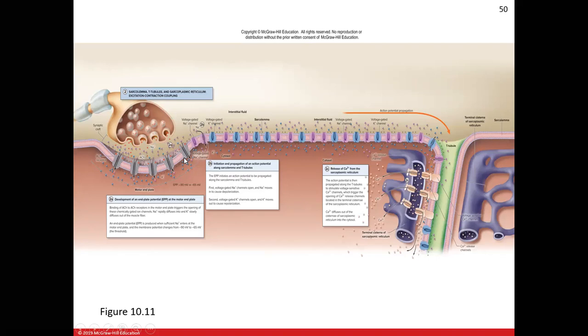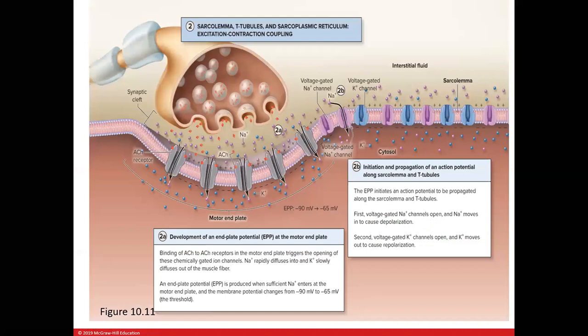Okay, so I think we have a bigger graphic here. So here we have our acetylcholine binding to our ligand-gated sodium-potassium channels. Again, here is identifying our motor end plate, and so sodium floods in, making this particular section more positive.